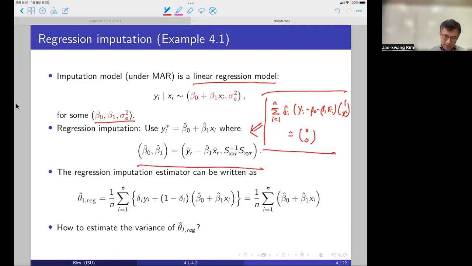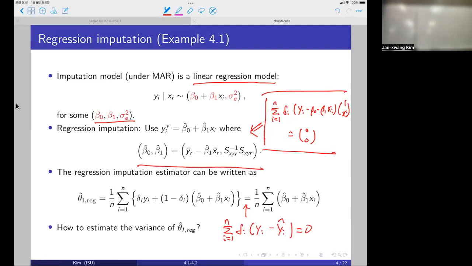And then why do we have this one? Well, because of the property of the residual. Because of the property of the residual, we have this property.